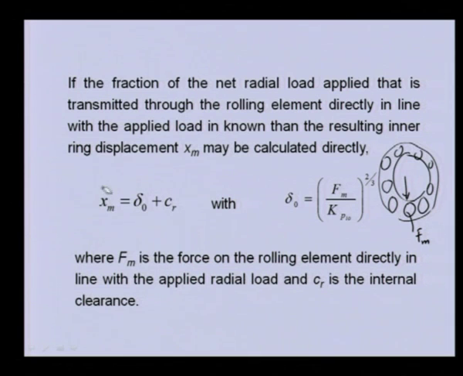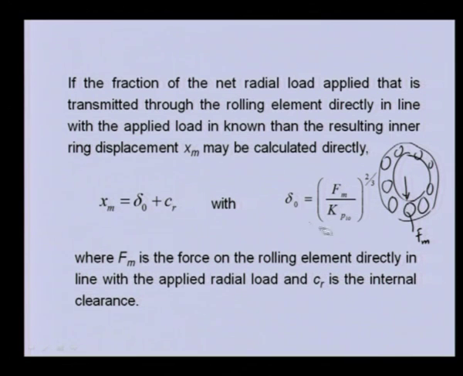This is the total displacement of the bearing, or the displacement of this particular ball also, they will be the same. It is the deformation plus the radial clearance, and the deformation of the ball is due to the load shared by that particular rolling element.